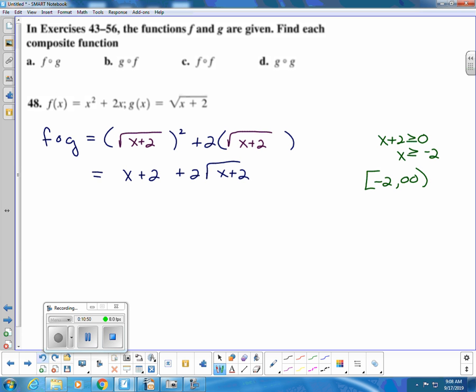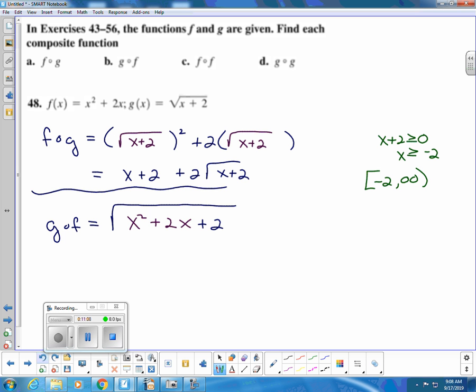All right, let's flip it. Let's do g of f. So our g function, and then we're going to put our f function in. There are no restrictions on that input function. It's a parabola, a quadratic.